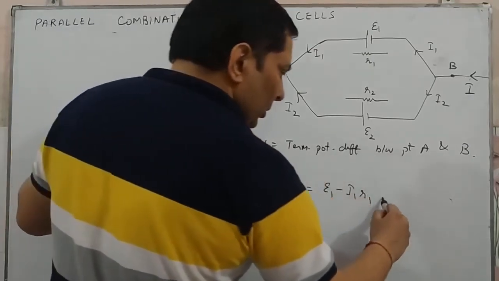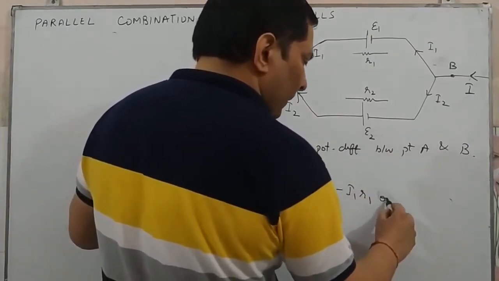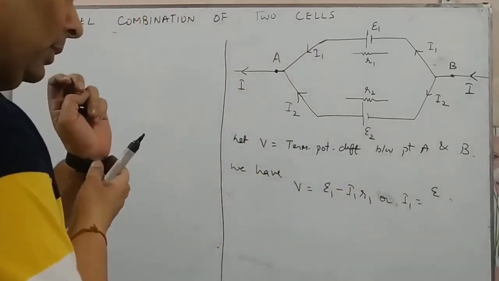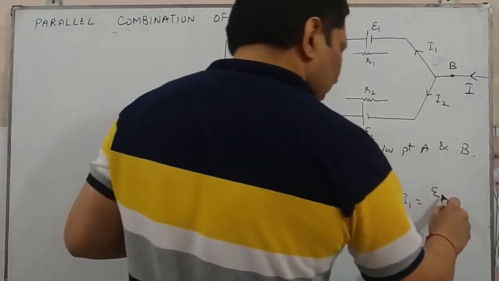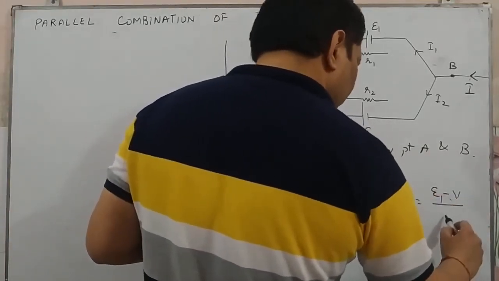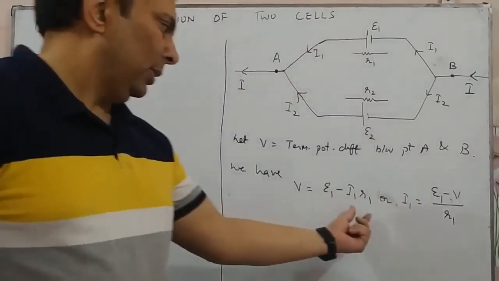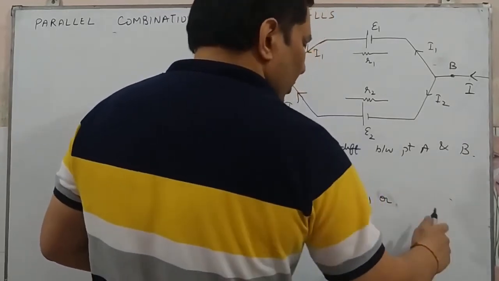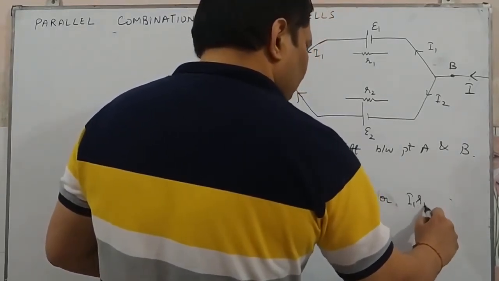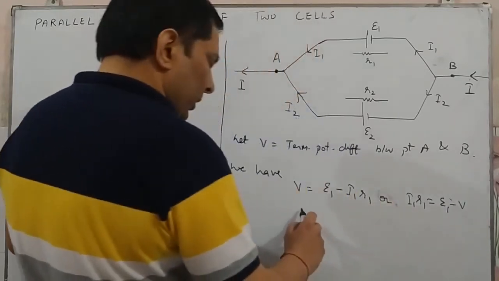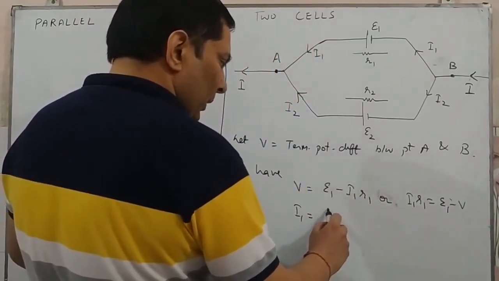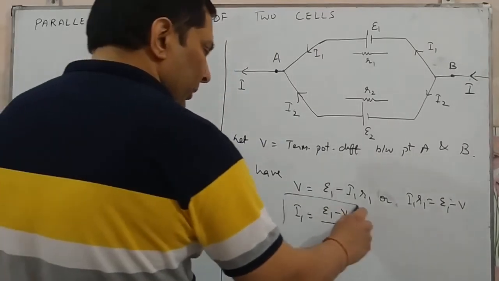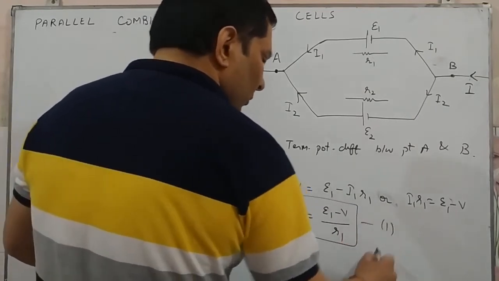So I1 R1 equals E1 minus V, and then I1 equals E1 minus V divided by R1. Take this as result number 1.